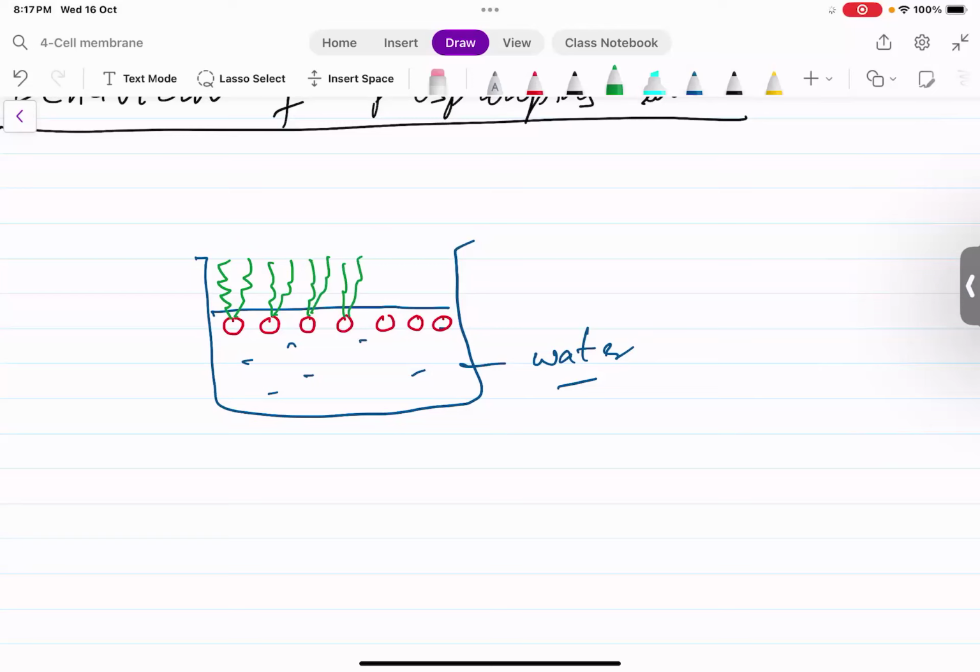Okay, so as the tails are hydrophobic, these tails are hydrophobic.